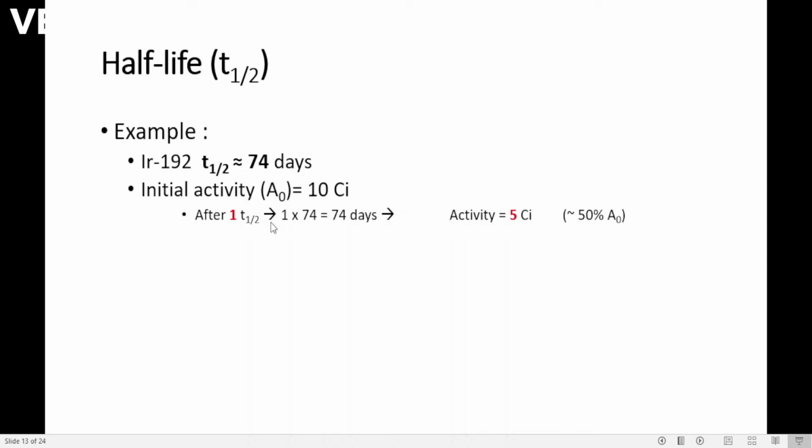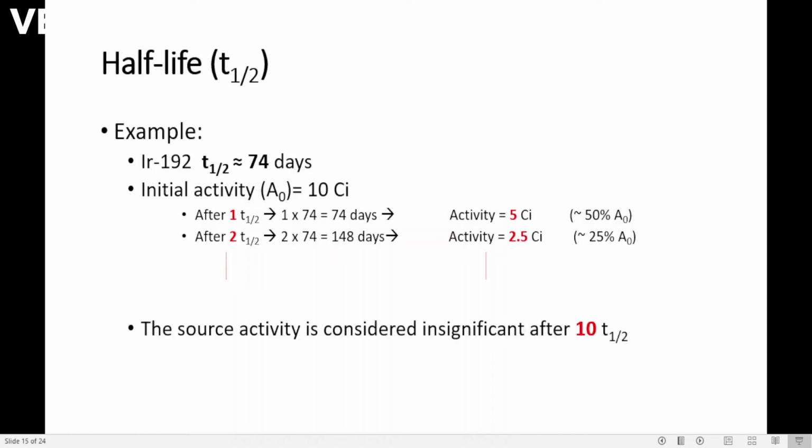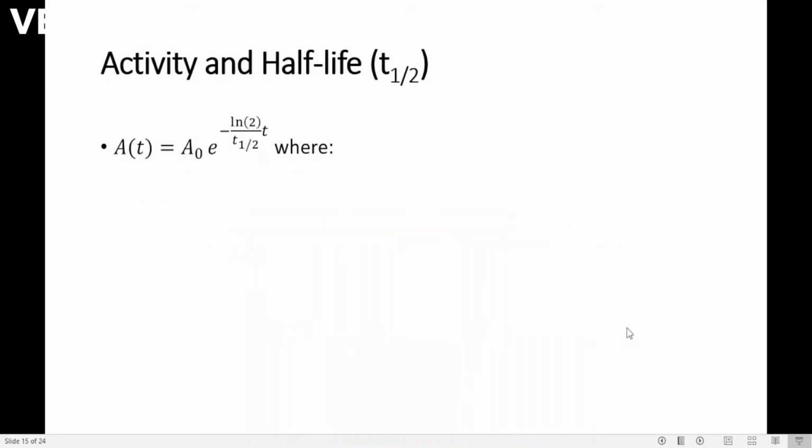After 1 half-life, that means 1 times 74 days, which is equal to 74 days, we will have 5 Curie, which is exactly 50% of the initial activity. After 2 half-lives, 2 times 74 equals 148 days, we are going to have 2.5 Curie, which is half of the previous one. And that goes on. The source activity is considered insignificant after 10 half-lives.